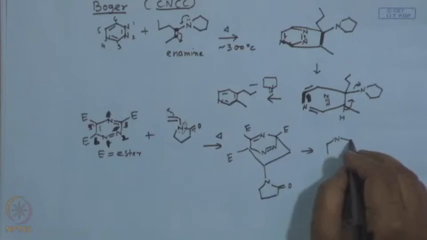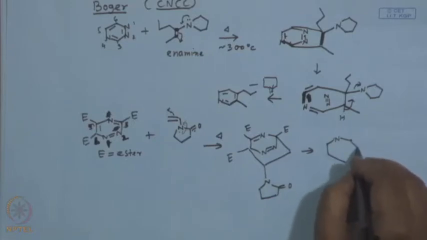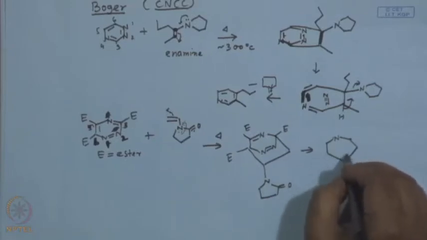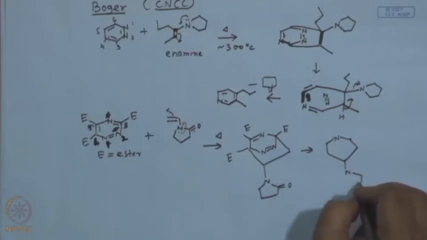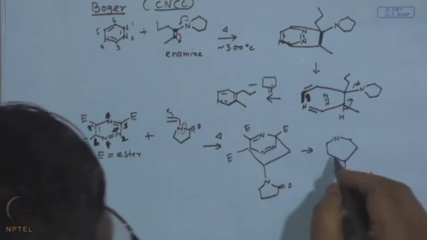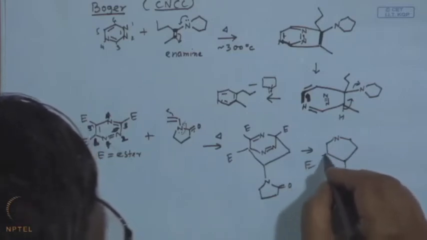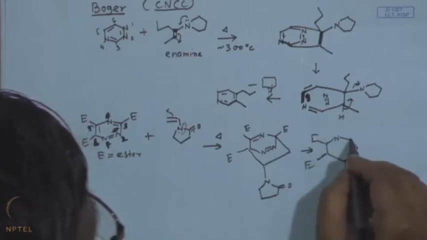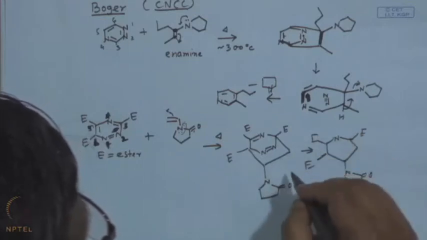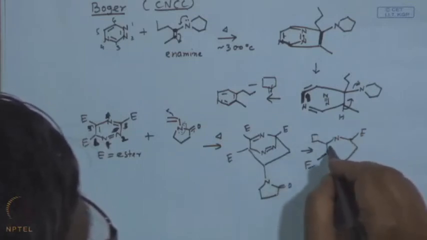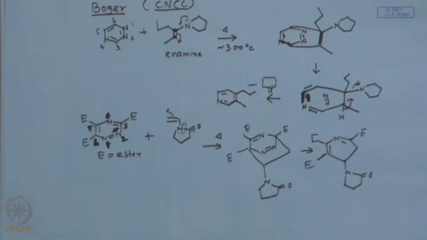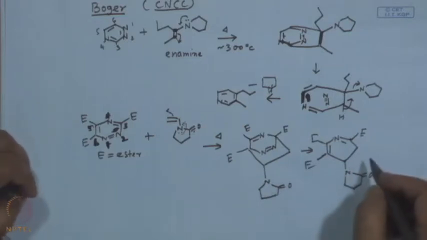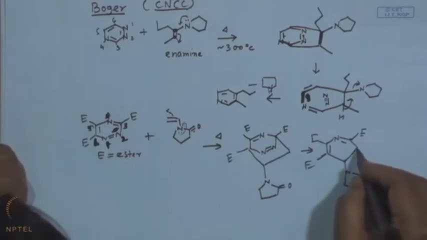If that is so, then this one, and this is the pyrrolidine, and this is E, this is E. So, with nitrogen eliminating, you will have a diene here, right, and then of course, what else?